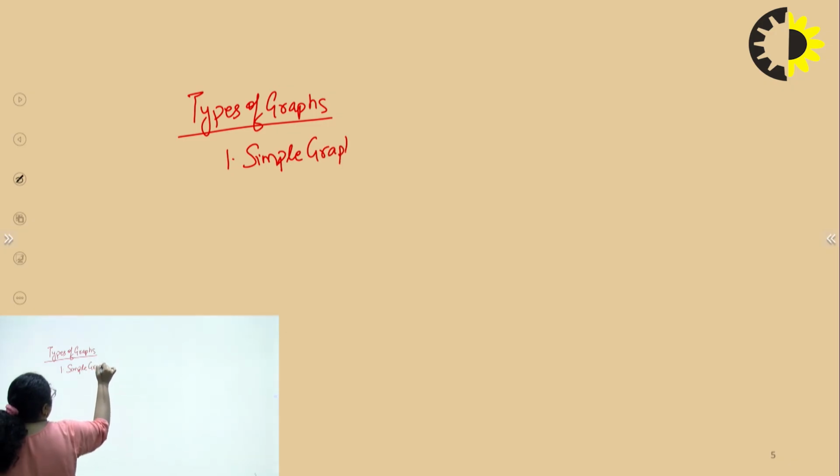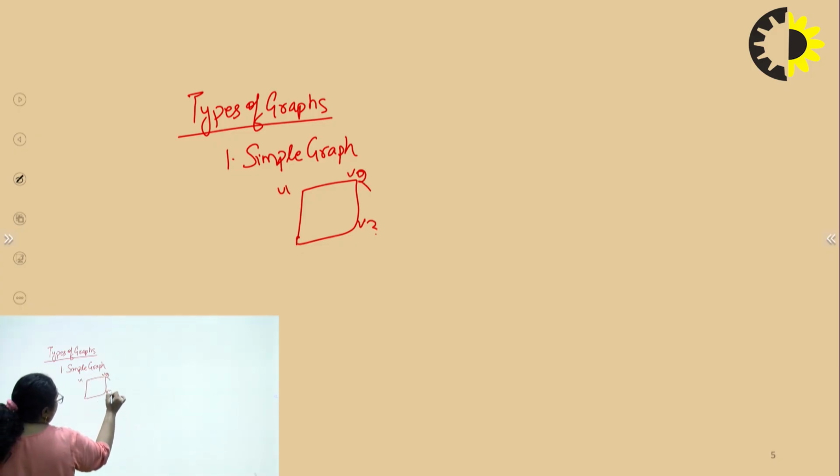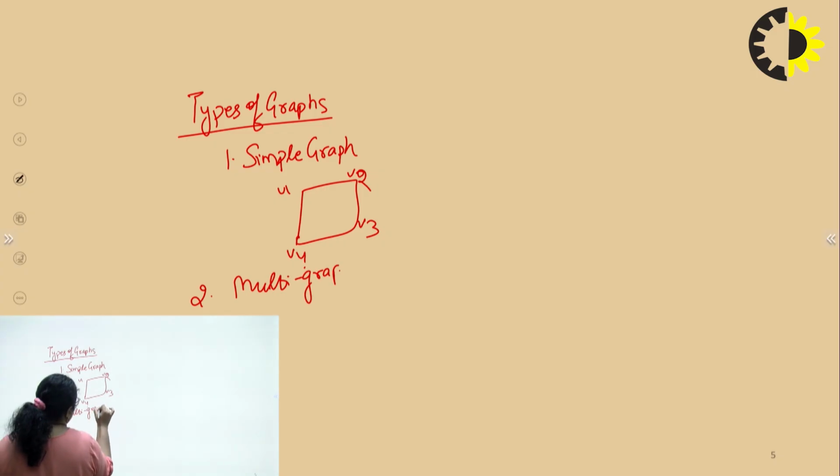Next we have types of graphs. Number one is the simple graph. This is a simple graph. A graph having no self loop and parallel edges is a simple graph. Next is multi-graph.